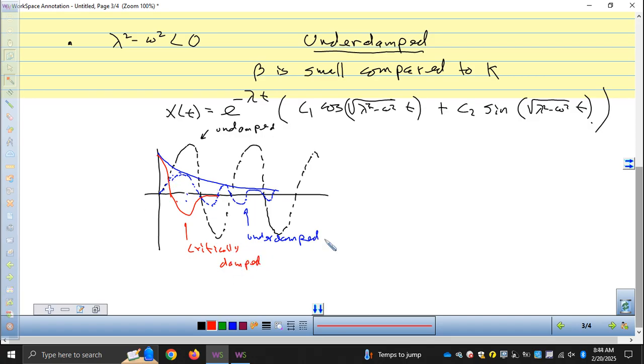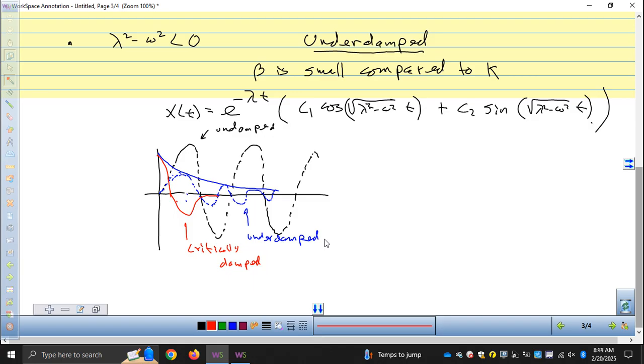We get one oscillation and then decay. So now all those complicating factors that we ignore in introductory physics, we've taken into account in about 10 minutes.